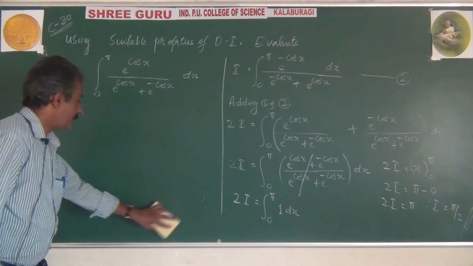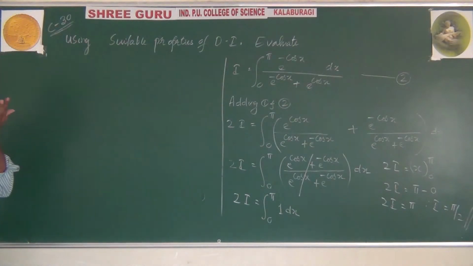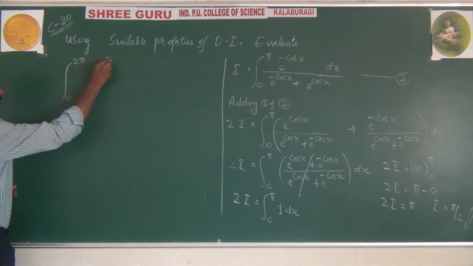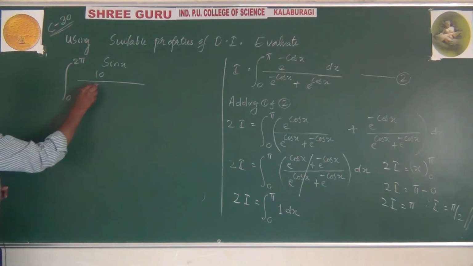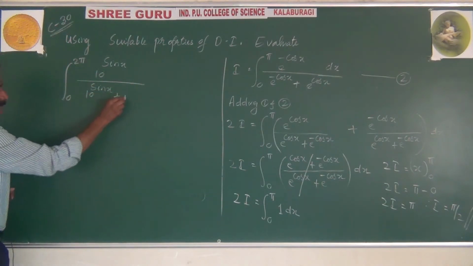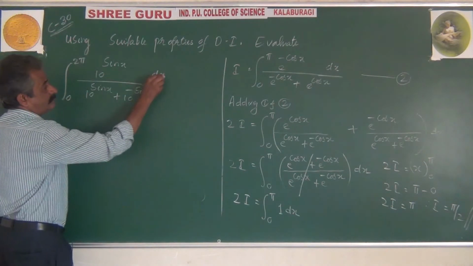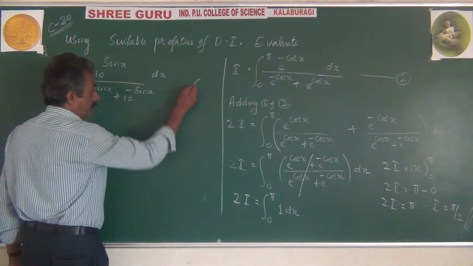Just like last problem type, using suitable properties of definite integrals, evaluate integration 0 to 2 pi 10 to the power of sin x divided by 10 to the power of sin x plus 10 to the power of minus sin x. Your answer will be equal to pi.